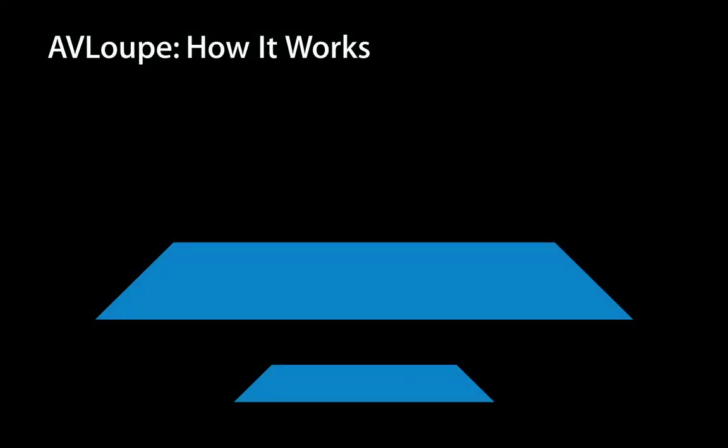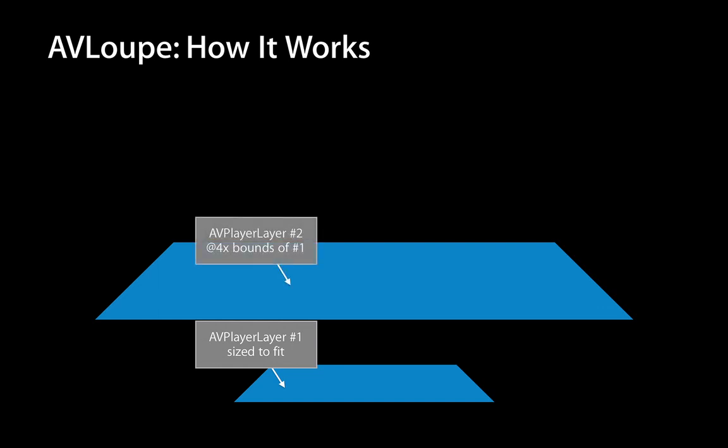It's really quite simple. Like I said, there are 2 player layers. The first player layer is sized to fit the bounds of the display. It's our main view into the video. The second player layer is sized to fit 4 times the bounds of the first, so that we get that magnified zoom effect.